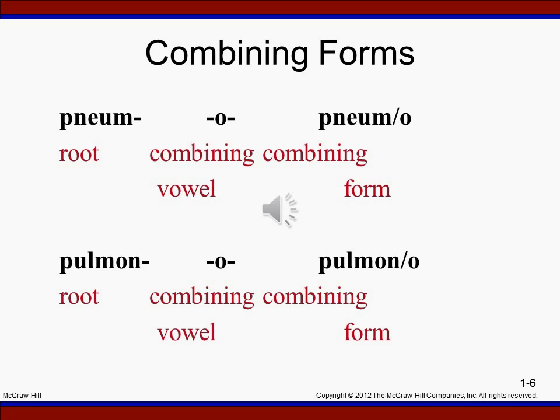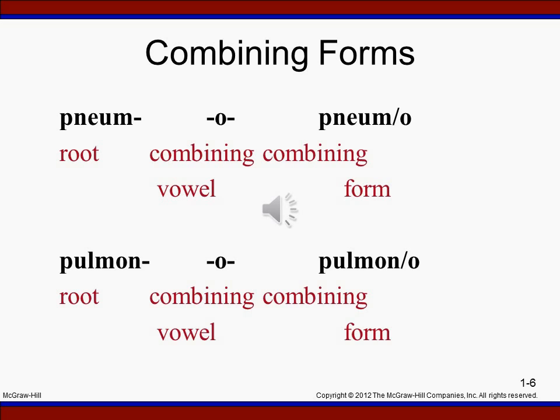Here is the example that I was sharing earlier, pneumothorax. Take a look up top here. You have the word pneum and pulmon. In the word pneumothorax, we would spell that pneumothorax.